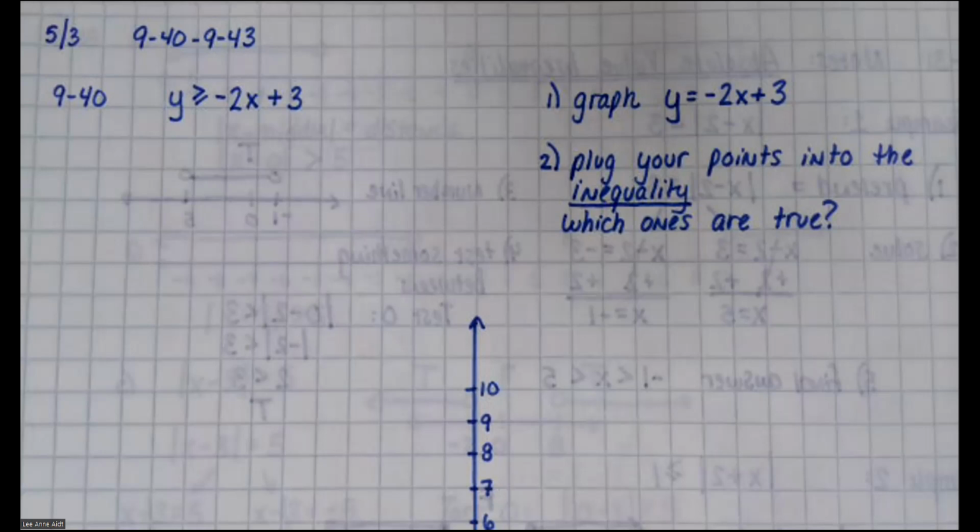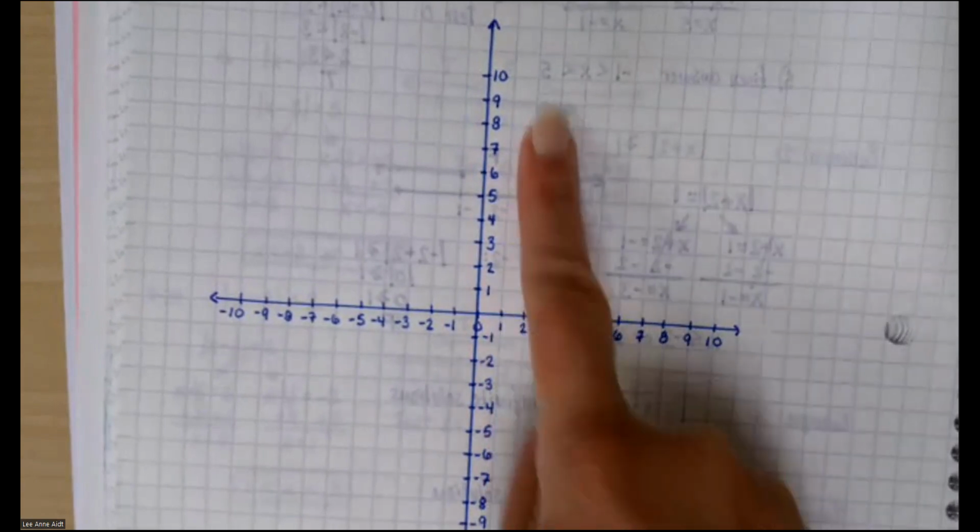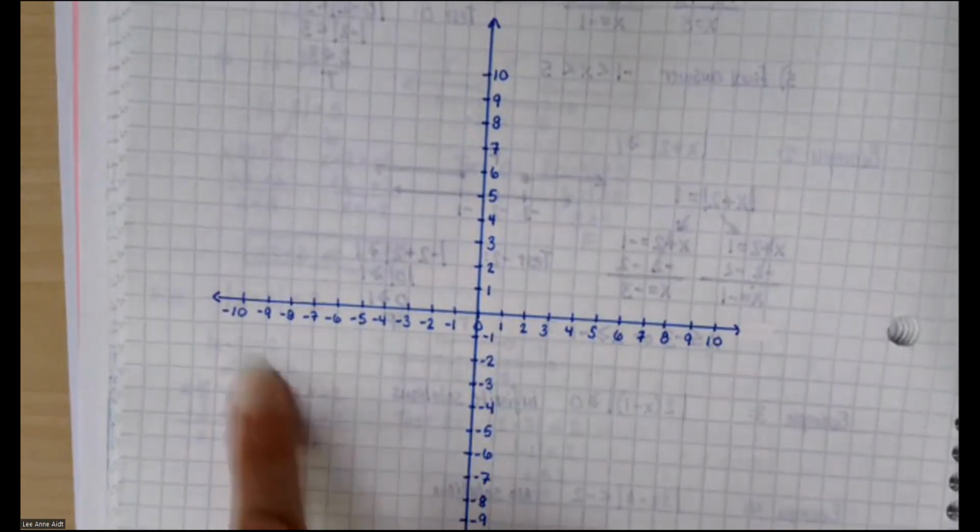So here's what my graph part looks like. It's 10, 10, negative 10, negative 10.